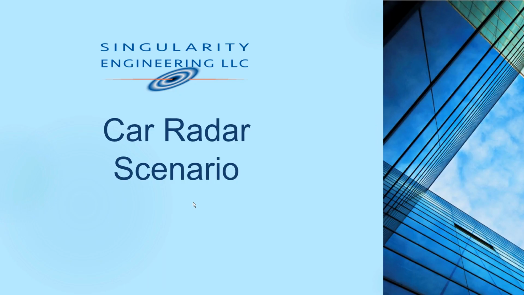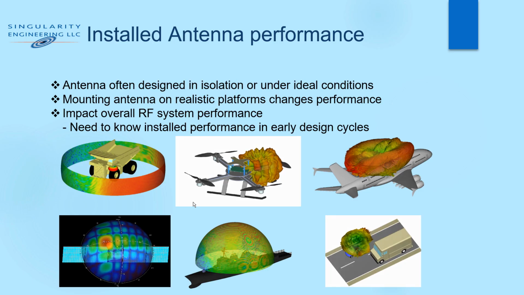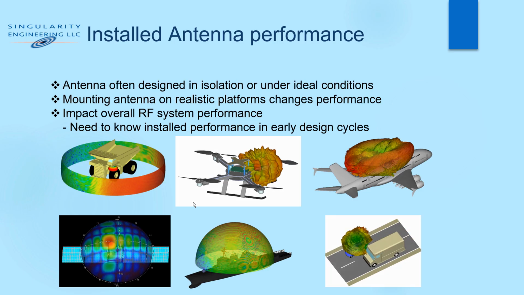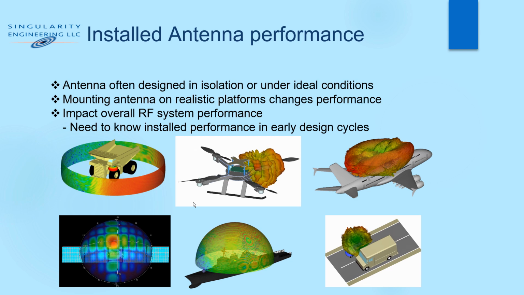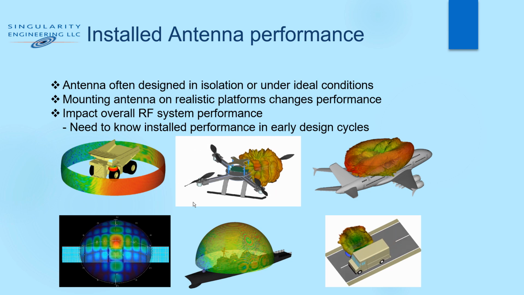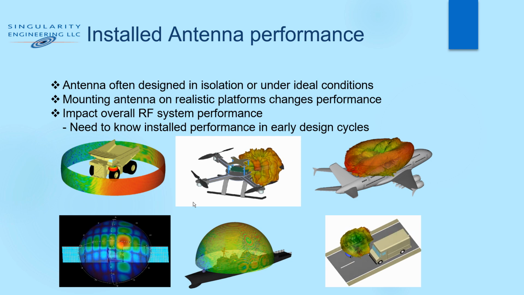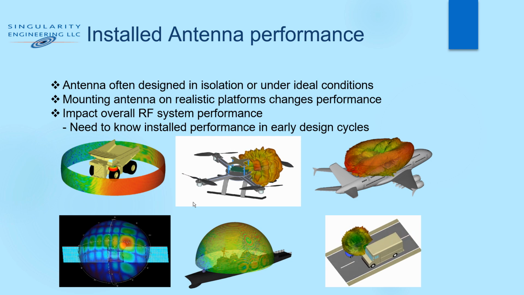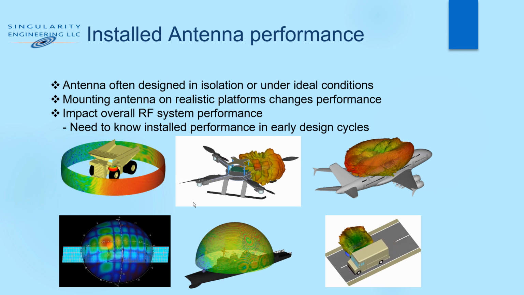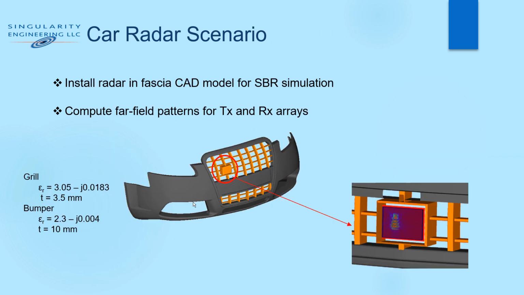Last but not least, I'm going to show you the car radar scenario, and I believe this is what most people in industry are interested in. We all know installed antenna performance can impact the overall RF system that you design, and if you mount your antenna onto your realistic platform, that can change the performance as well.